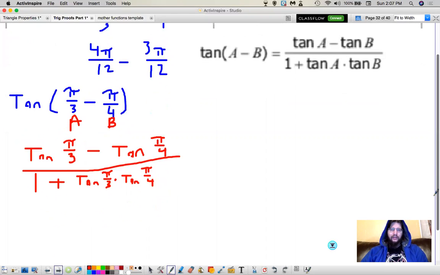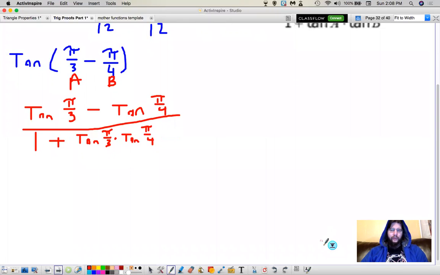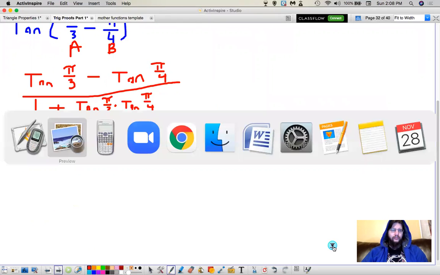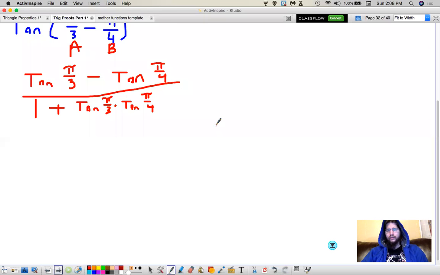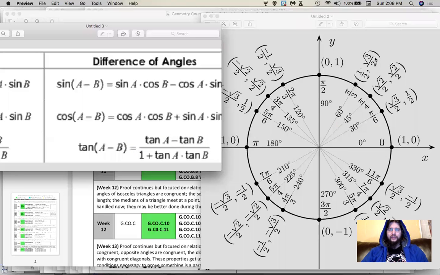So now let's look up these values on our unit circle and see what we got going on. Tangent of pi over 3. So pi over 3 is right here. Tangent, oh no, that's not on here. But if you remember, tangent from our quotient identities is sine over cosine. So to get that one, we just do square root of 3 over 2 divided by a half.